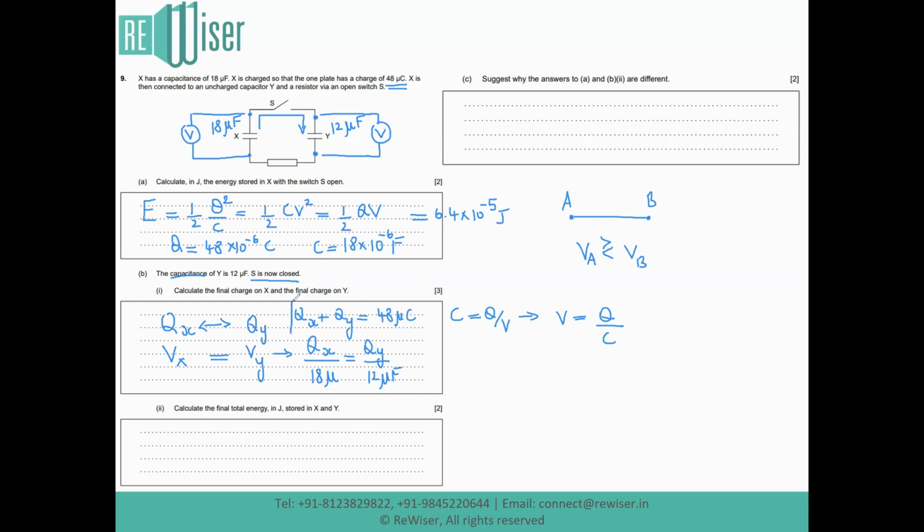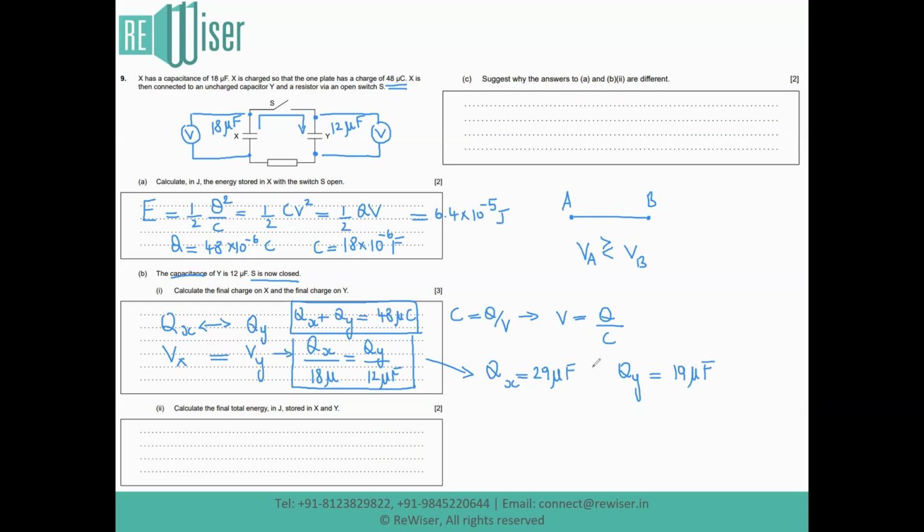So here we have two unknowns and two equations, if we clearly notice. So by the rule of mathematics, we are supposed to get a solution. Substitute and simplify, or rewrite them as simultaneous equations and then simplify. No matter how you do it, you're going to end up with Qx to be approximately 29 microcoulomb, and obviously Qy is correspondingly going to be 19 microcoulomb.